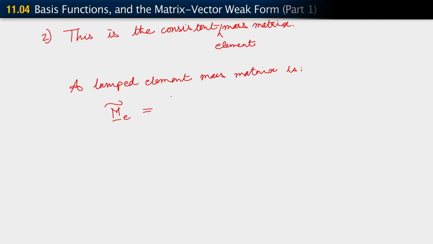It is obtained as follows. On each diagonal, you sum over B, M_1B^E, put it there and make the others 0. Likewise, you do that for all the diagonal elements, and every other element is 0.